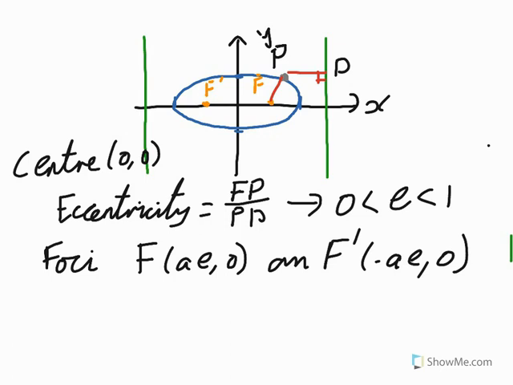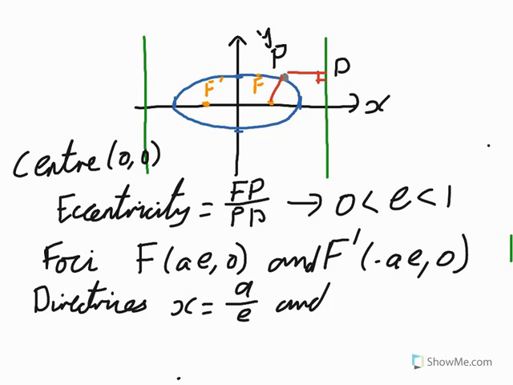Our directrices, as they're called, we have two of them: X equals A over E, and X equals negative A over E.